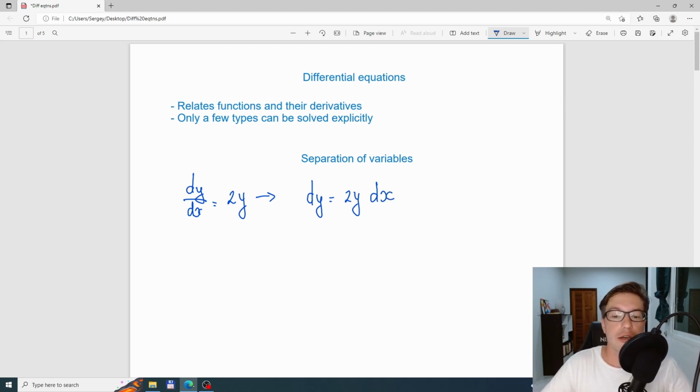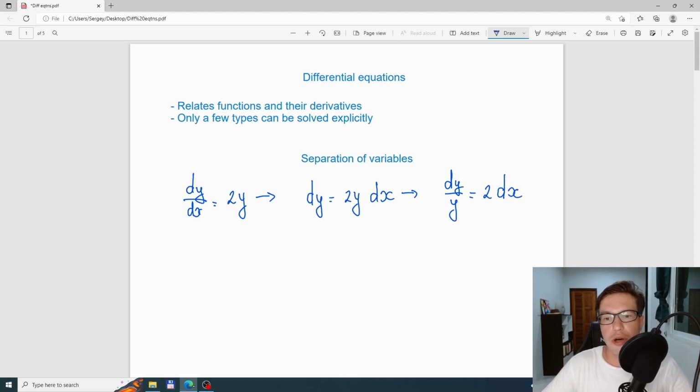Right. So our goal is to combine y with dy on the left side, and then everything with x should be on the other side. So I'm going to divide both sides of the equation by y. So I'll get dy over y equals 2 dx.